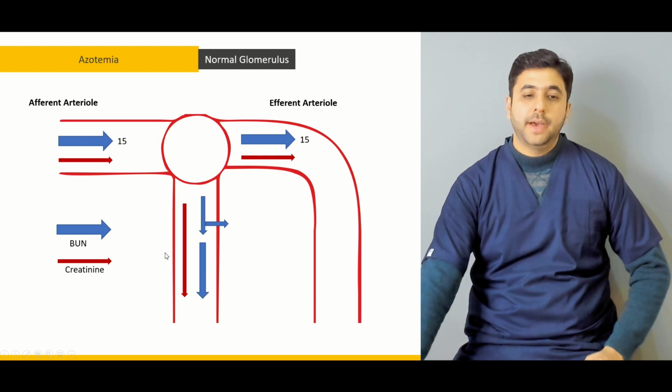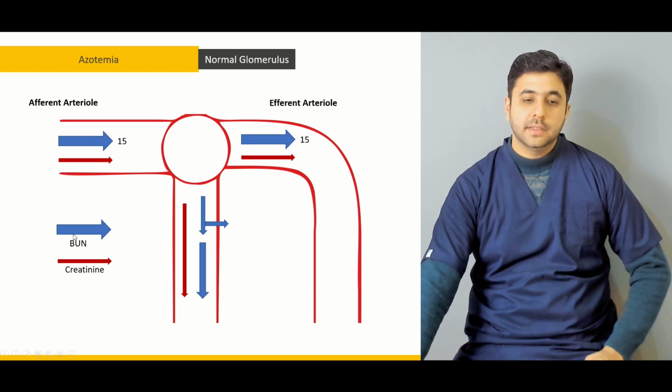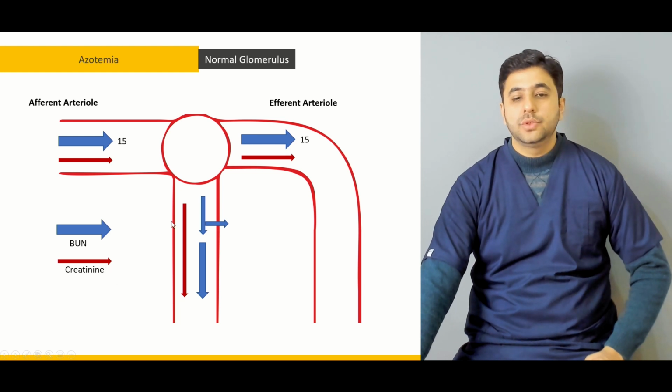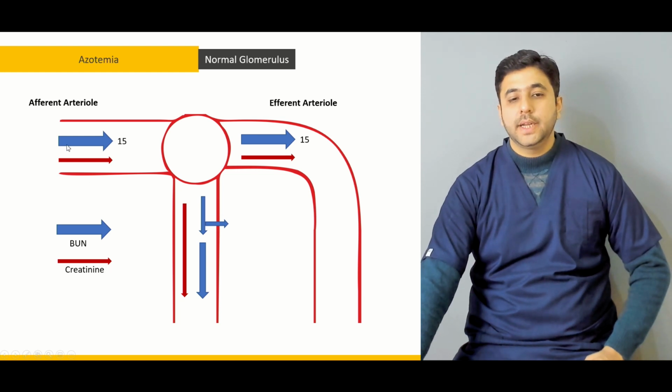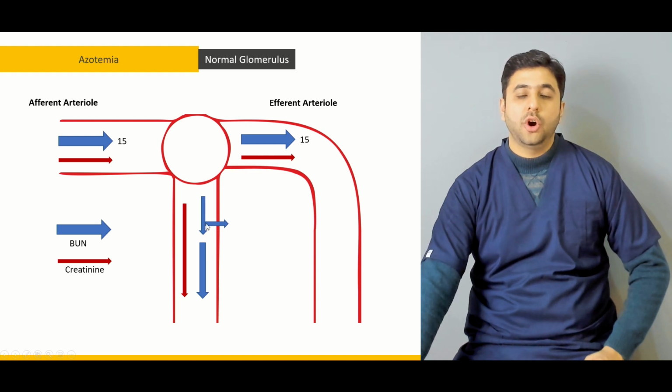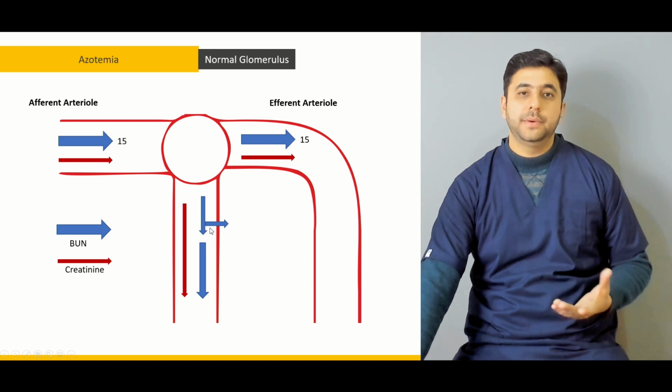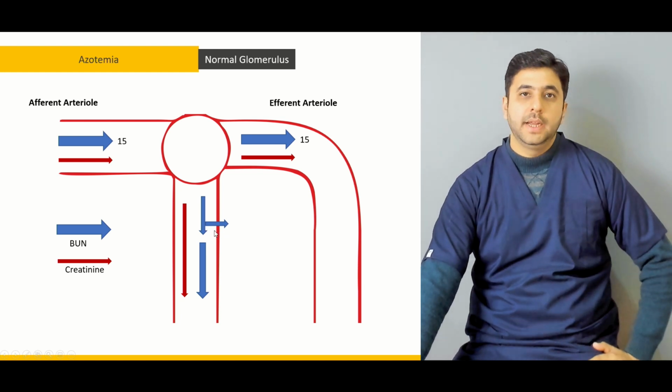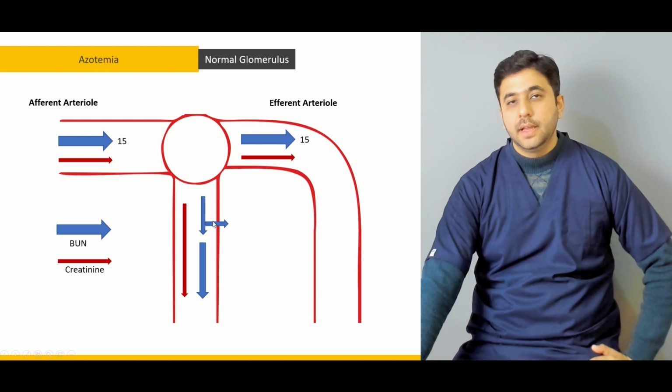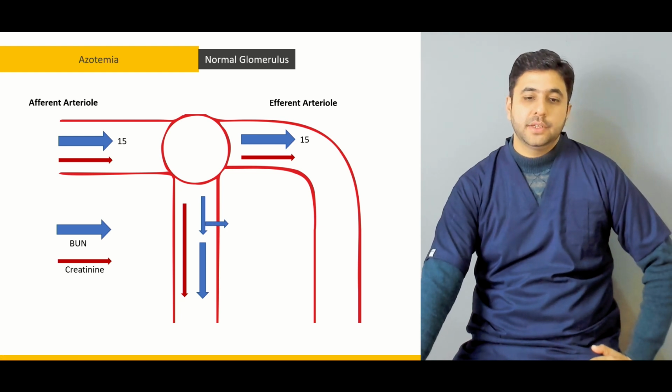As far as the glomerulus is concerned, this blue here signifies the urea, or the BUN, and this red here signifies the creatinine. As I told you, urea, whenever it is filtered, is flow dependent. If it is a normal flow state, in a normal person, some of the urea will be absorbed because of the normal speed of the urine flow in the tubules.